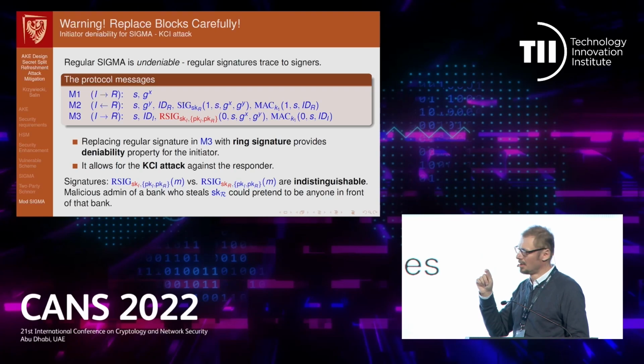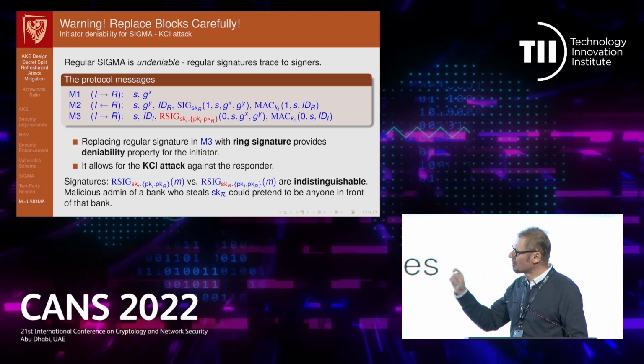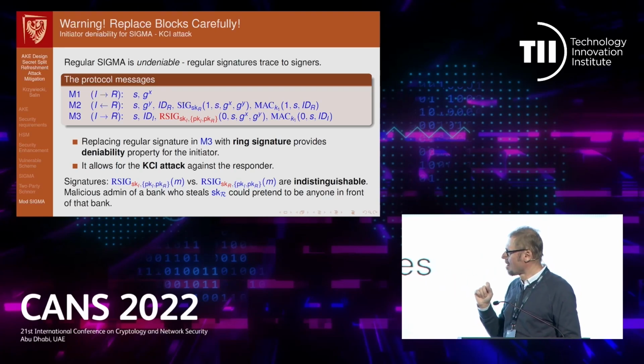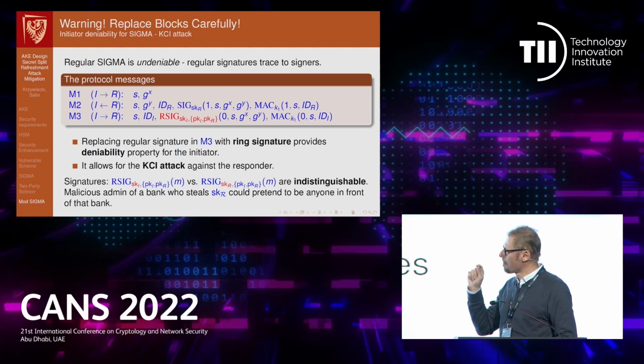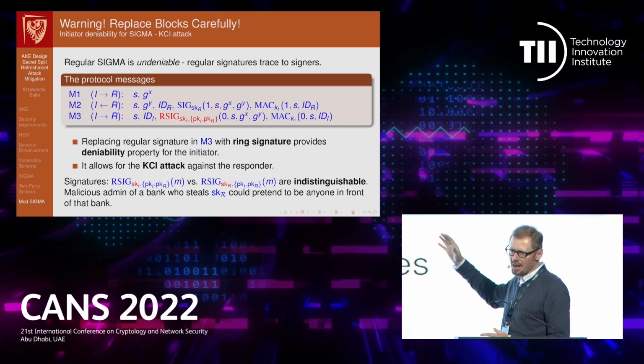this is vulnerable to the so-called key compromise impersonation attack, where actually it could be not Alice that makes that ring signature. We can imagine a scenario where a malicious bank administrator, so the bank is Bob, okay?